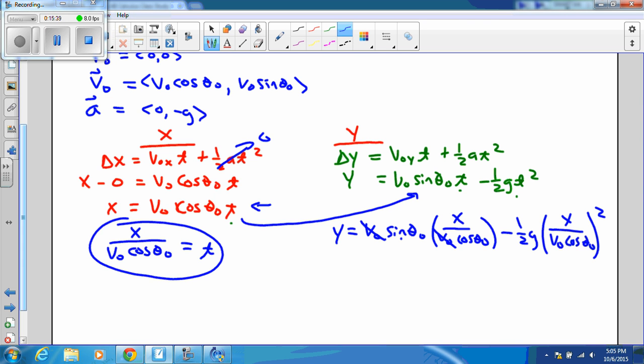Now, this looks pretty yucky, but some things clean up nicely. The v0's cancel, and sine theta divided by cosine theta is the same as tan theta. And over here, I have x squared on the top, and I also have g on the top. And on the bottom, I have 2, v0 squared, and cosine squared theta.